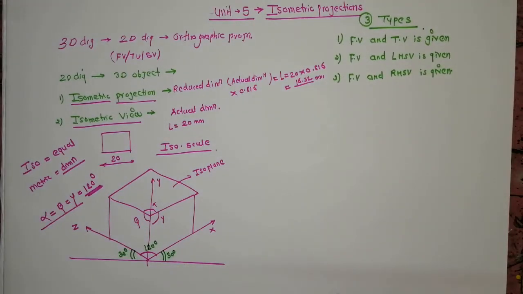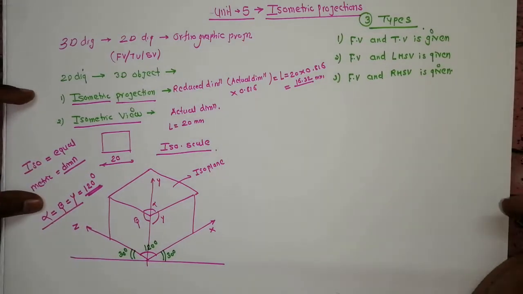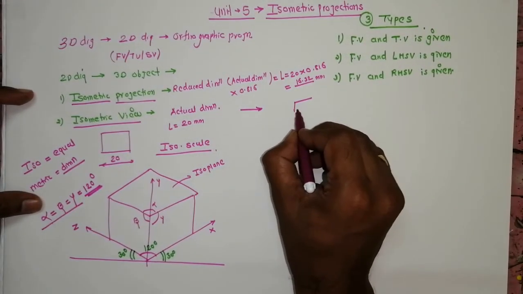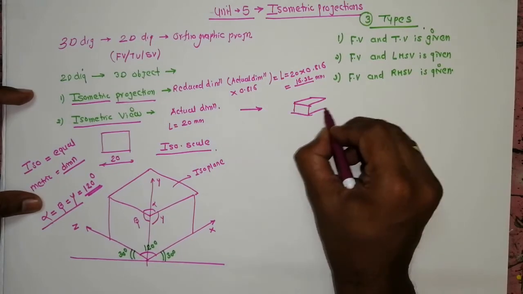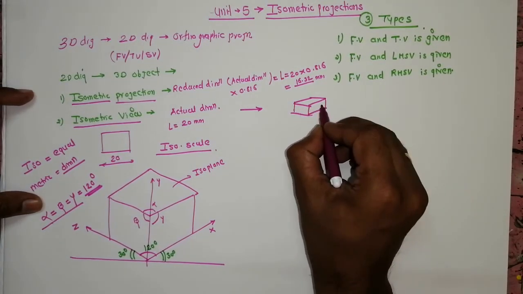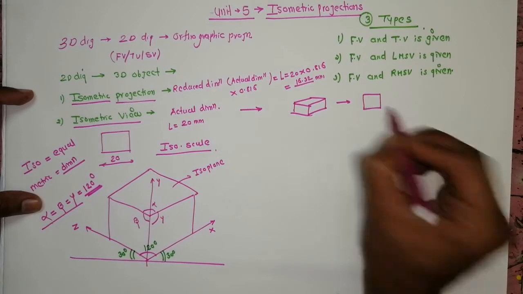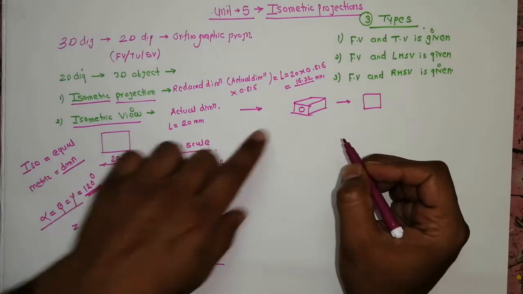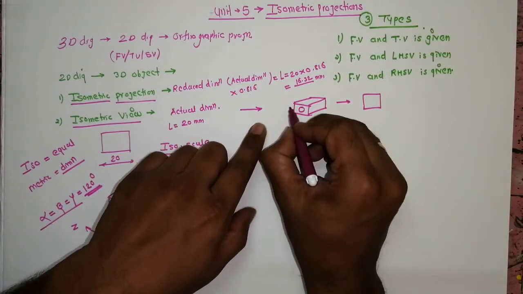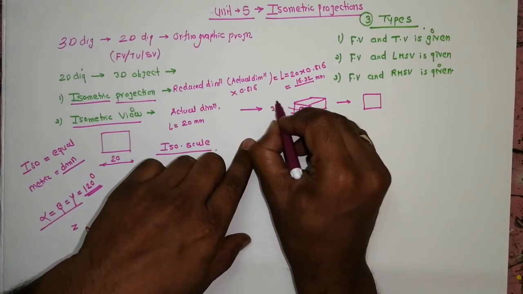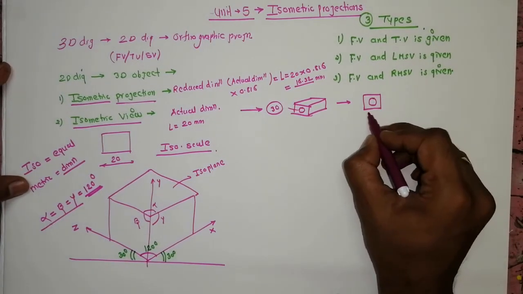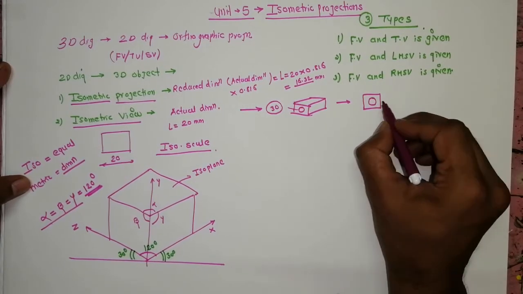Now the next part of this unit. In orthographic projection, when a three-dimensional object is given, we convert it into two-dimensional drawings. While drawing that, suppose on the three-dimensional object there is a circle with diameter equal to 30 mm, we have directly drawn that 30 mm circle on the particular view using the protector.